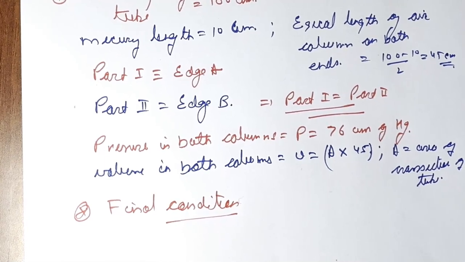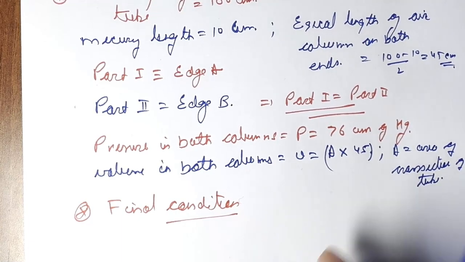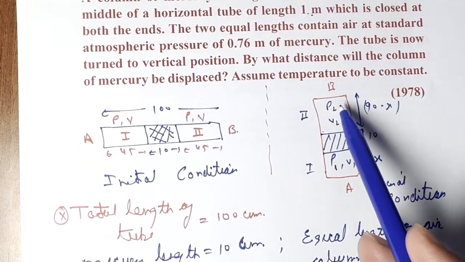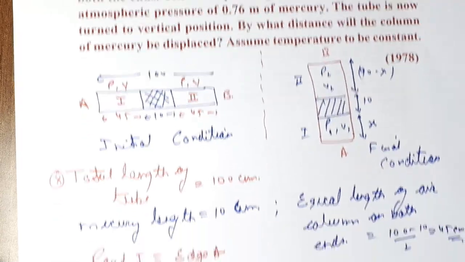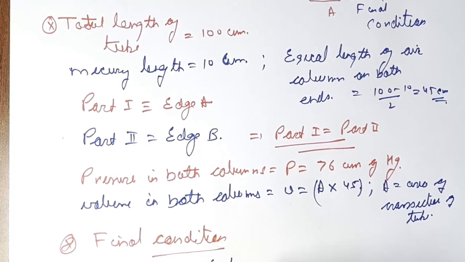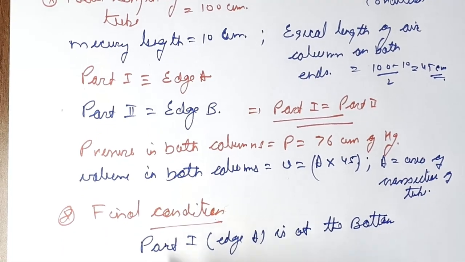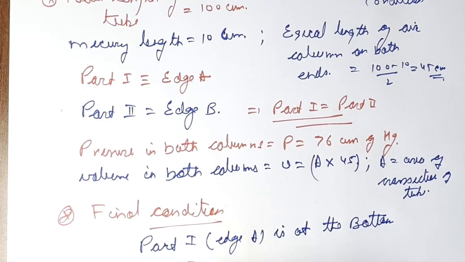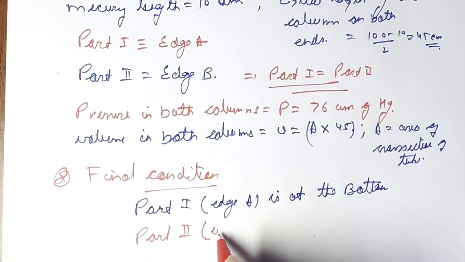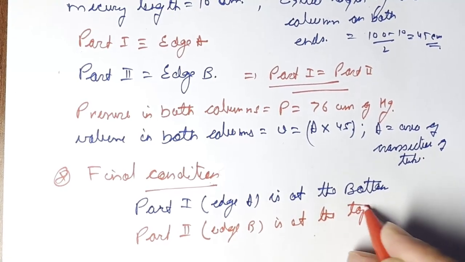In the final condition, we assume that part 1, or edge A, is at the bottom, and part 2, or edge B, is at the top.